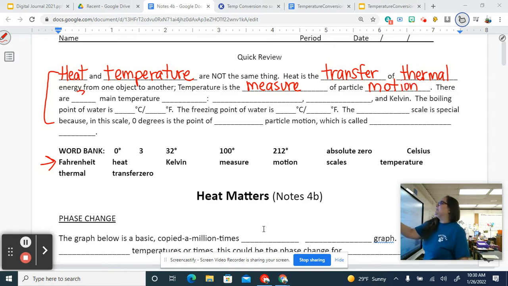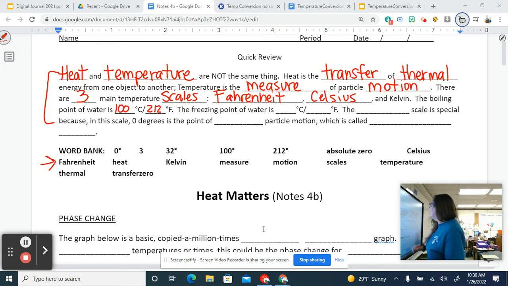There are three main temperature scales, and those are Fahrenheit, Celsius, and Kelvin. The boiling point of water is 100 Celsius or 212 Fahrenheit. Freezing is 0 Celsius and 32 Fahrenheit.